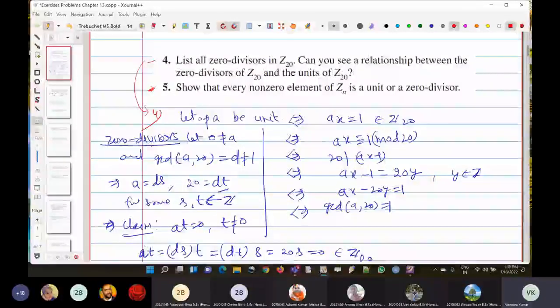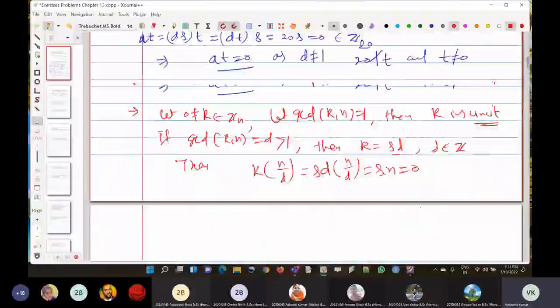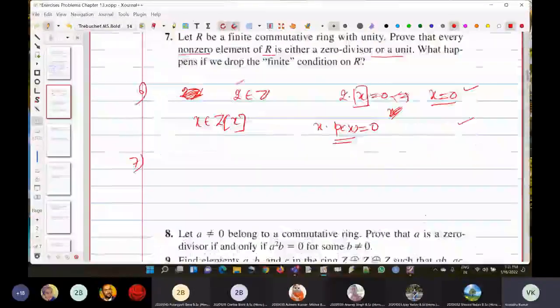Once you find the zero divisors, the other elements will be units. So once you compute the units, you automatically know the zero divisors, except the zero element. So zero is neither a zero divisor nor a unit.